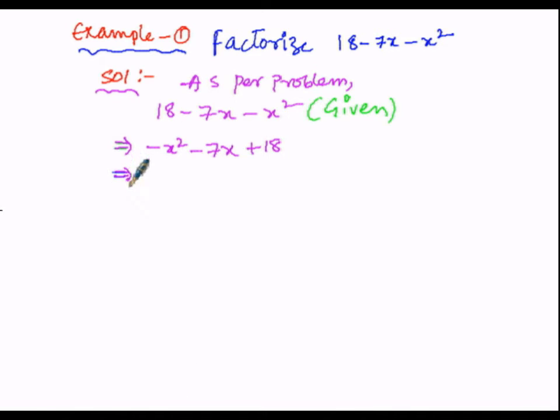When the minus sign is taken as common, x square is left within the bracket, and the signs inside the bracket will be changed. So minus 7x becomes plus 7x, then plus 18 becomes minus 18. Let us check: minus into x square is minus x square, minus of plus is minus 7x, then minus of minus is plus 18. Then we have to factorize this expression, that is x square plus 7x minus 18.